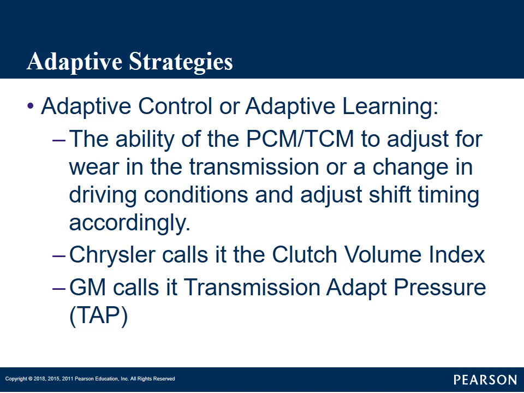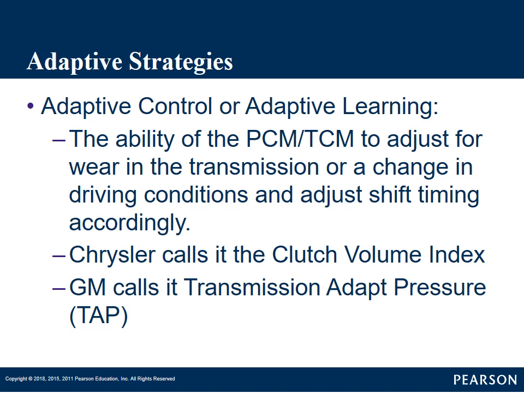Now we're to our adaptive strategies. Okay, the main idea of an adaptive control or adaptive learning is to give the PCM or TCM the ability to adjust for wear in the transmission by monitoring that shift timing that we talked about.